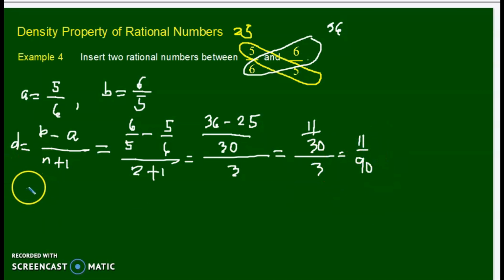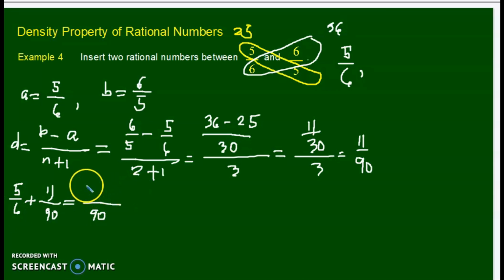So, si 5/6, susulat muna natin siya dito, 5/6, and then, ang susunod sa kanya ay 5/6 plus 11 over 90. So, LCD natin is 90. 90 divided by 6 is 15 times 5 is 75 plus 11.